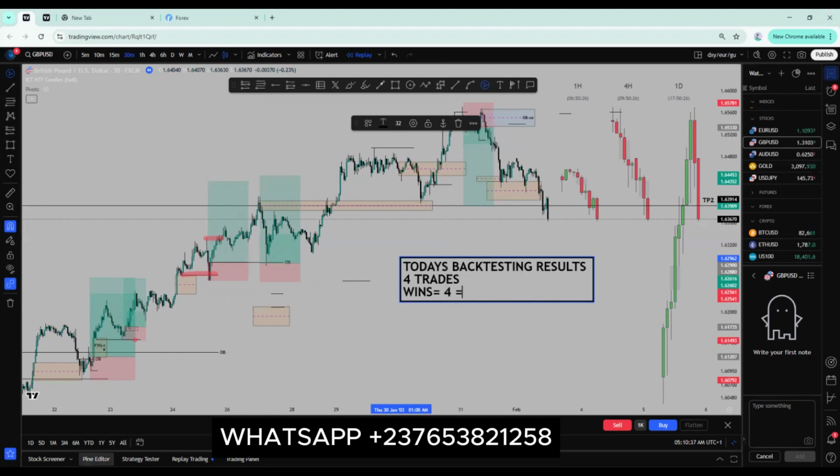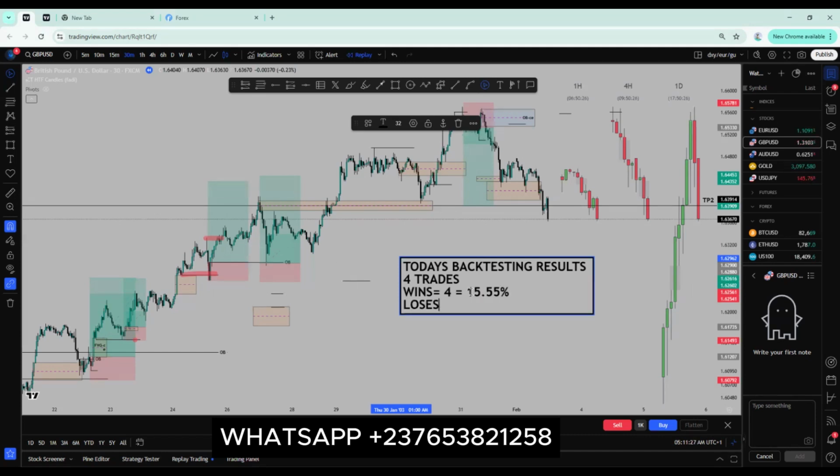Our first trade was 3.24, plus 4.58, and then the next one also is 4.58, and then the last one is 3.15. What do we have? 15.55%.